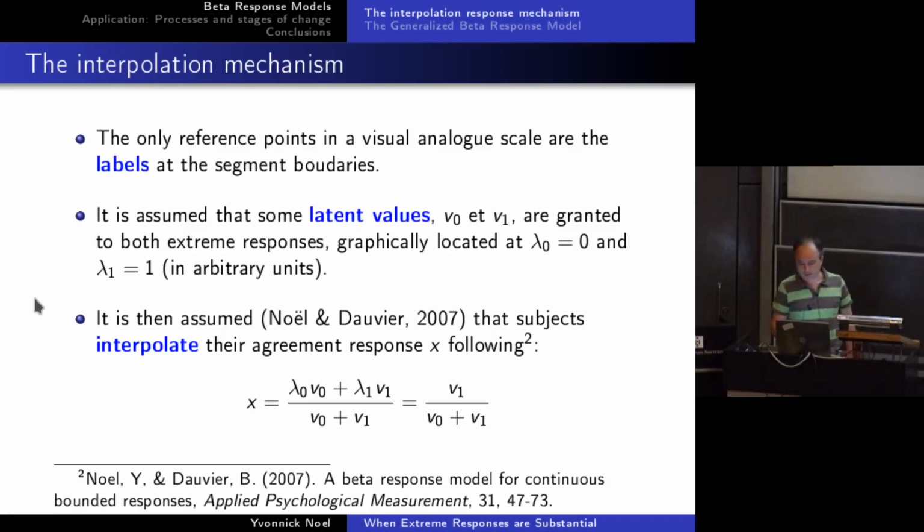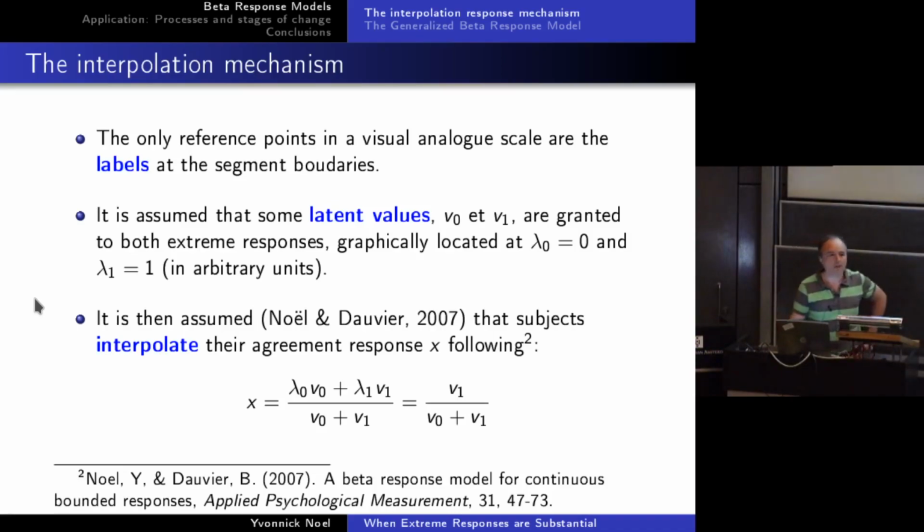I mean that if you give arbitrary locations of 0 and 1 to both extreme points, then people will locate their cursor just at the average of the values they granted to both extremities. That's the basic idea.